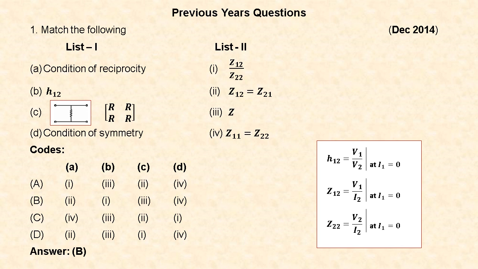Here they are expressing it in terms of Z parameter. So Z12 is equal to V1 by I2 at I1 is equal to 0, and Z22 is equal to V2 by I2 at I1 is equal to 0. So by dividing Z12 and Z22, we get H12. So for H12, 1 is valid.